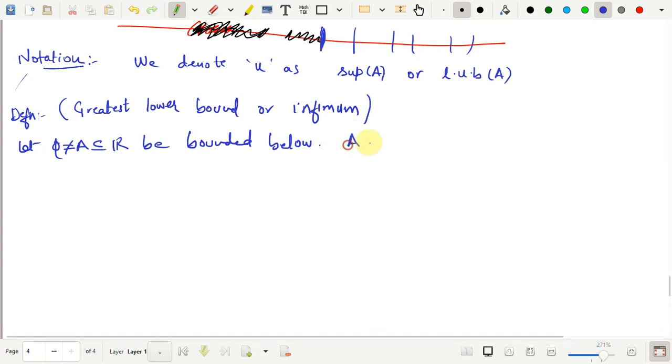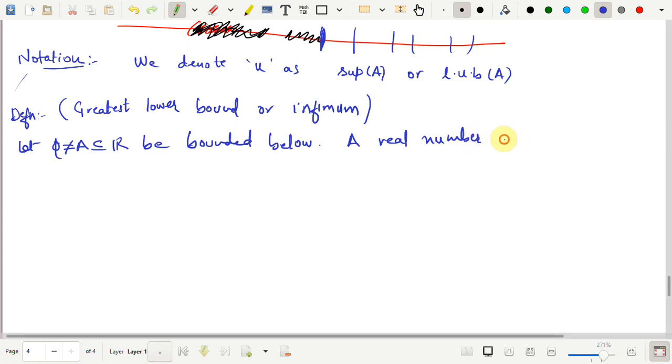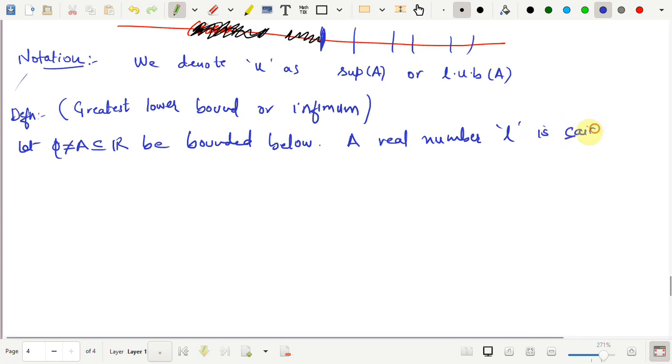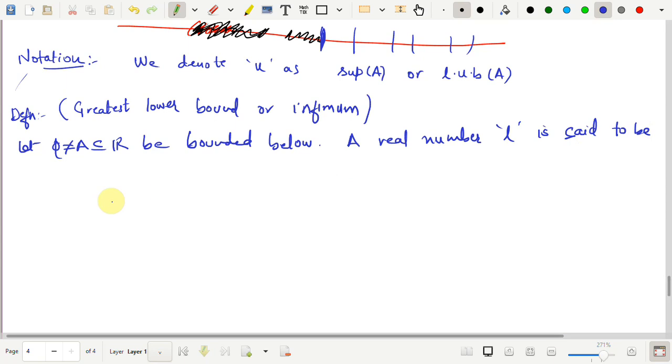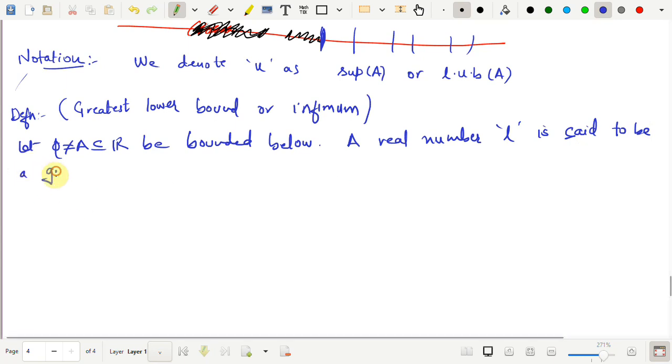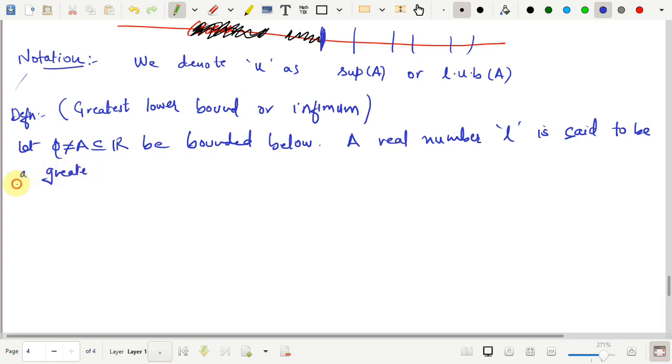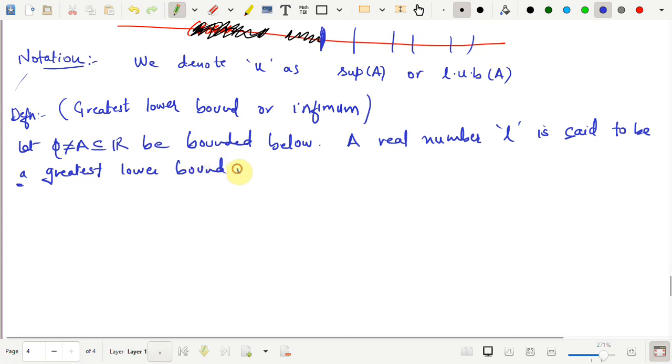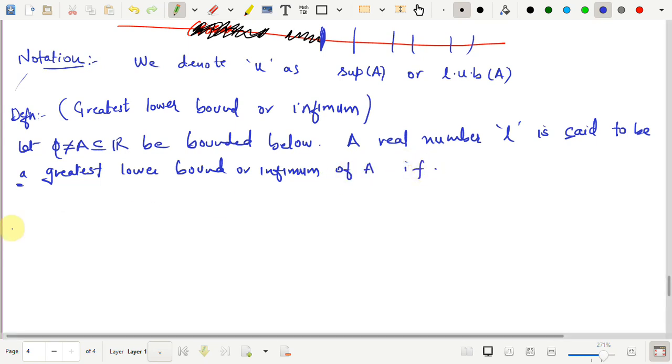A real number, we call it L because it is a lower bound, is said to be the greatest lower bound or infimum of A if it satisfies these two properties.